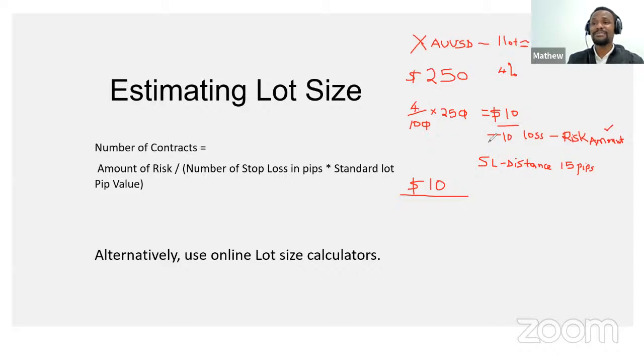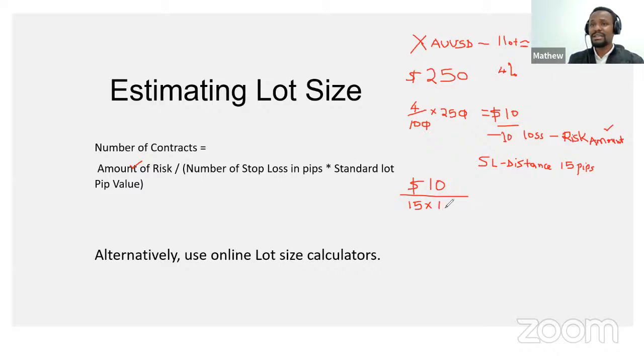Remember, this is like setting the drawdown level for a single trade. So it is going to be $10, which is the amount of risk, divided by the number of stop loss pips, which is 15 pips, multiplied by the pip value of a standard lot of that specific instrument.